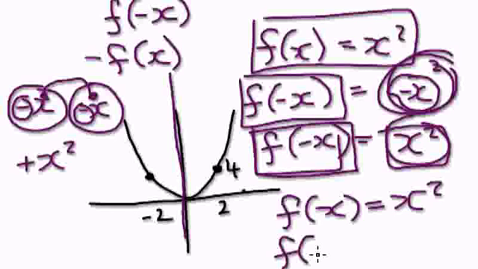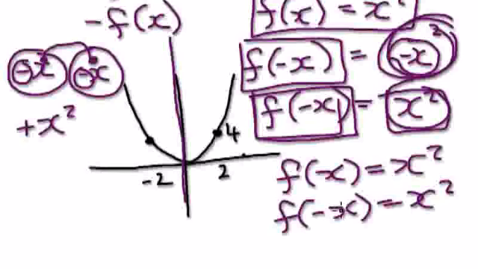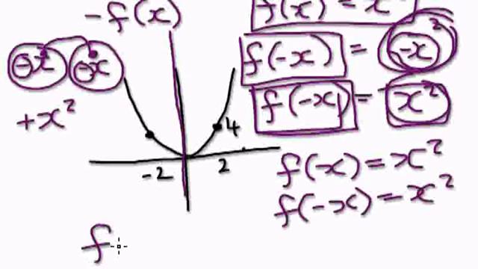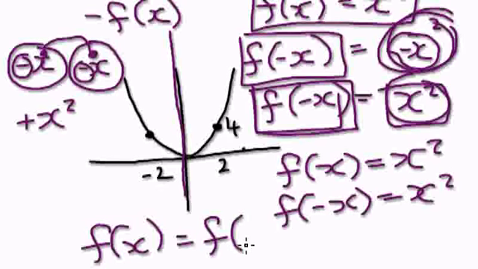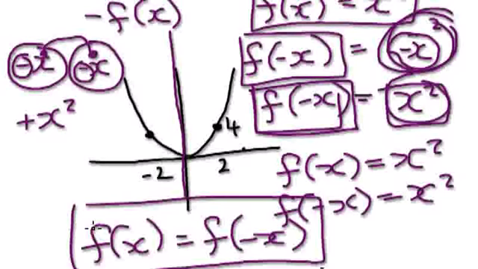After applying the transformation, it also equals x squared. So we can say here that f of x equals f of minus x. Because this is true here, then we can say that f of x is an even function.